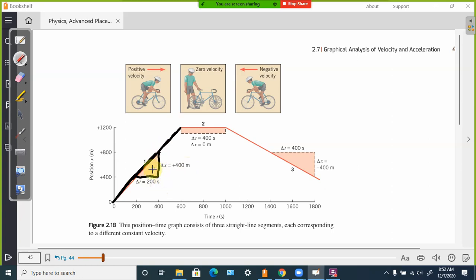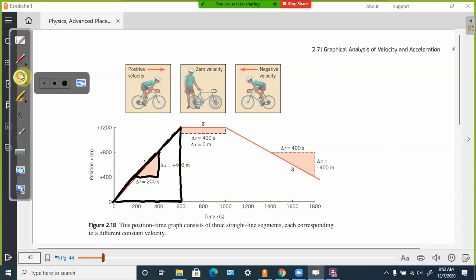Well, yeah, that's fine, because you can actually find the slope anywhere on this line, and it's going to be the same. So 400 over 200 is the same as if we'd taken the bigger triangle and said 1,200 divided by 600. It's going to work out either way, because notice that they're the same right triangle. One's just bigger than the other, but they're still going to have the same slope.